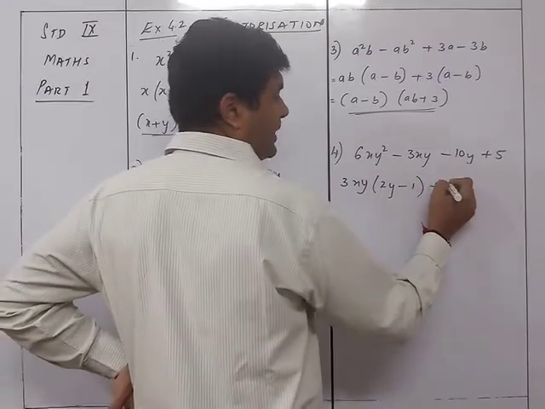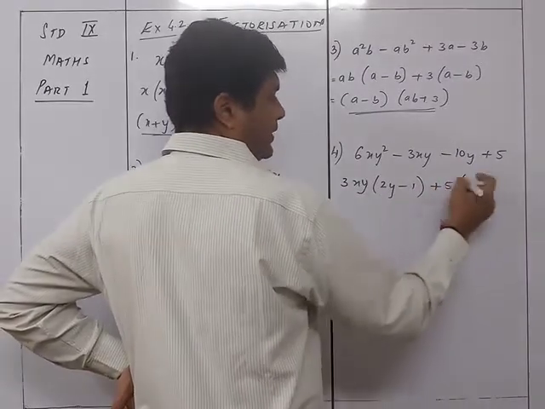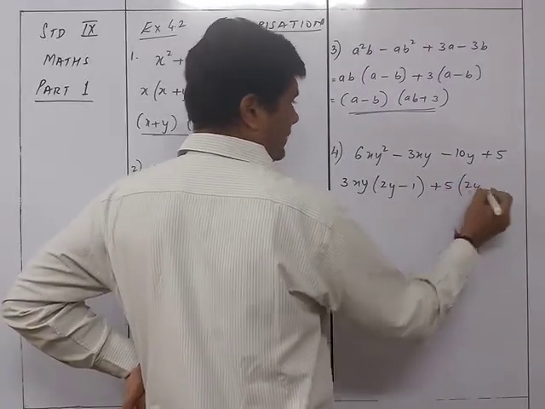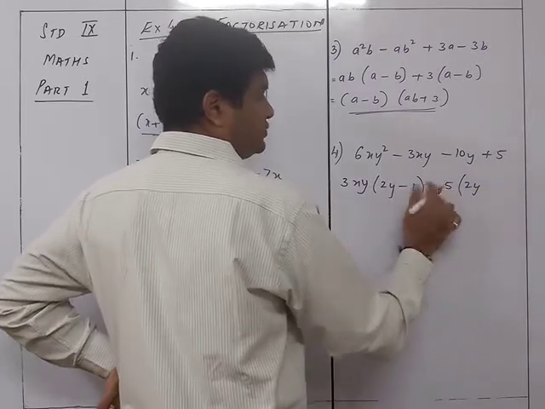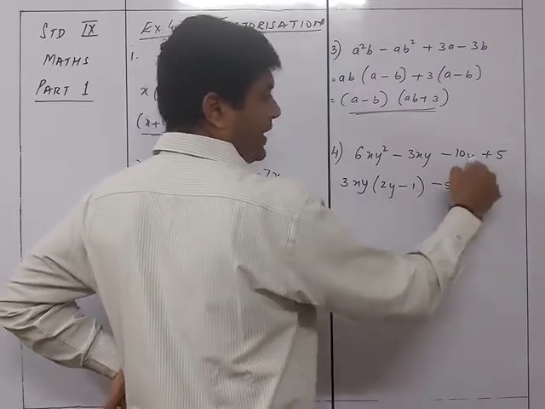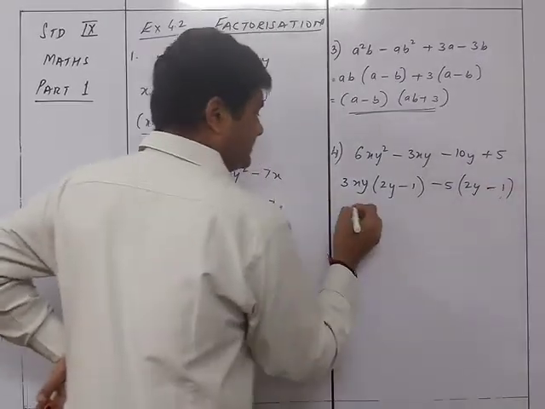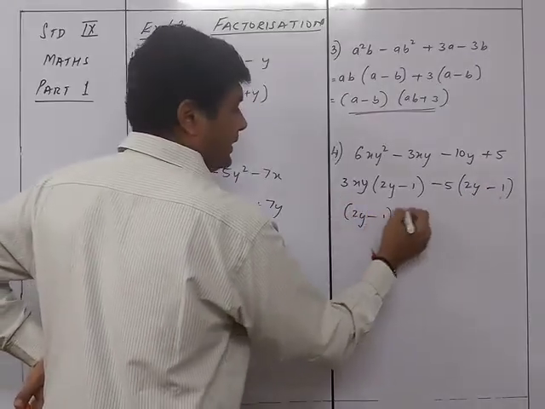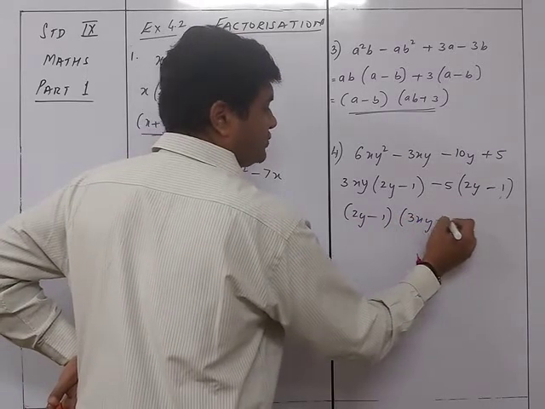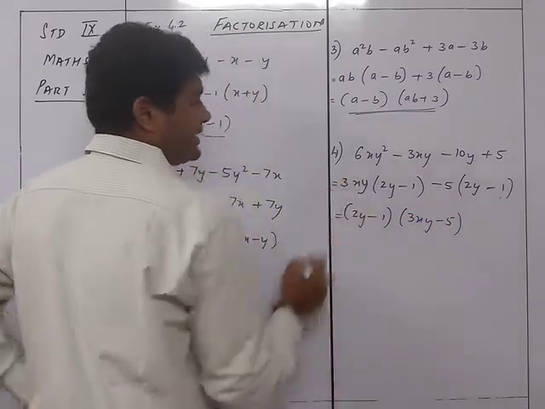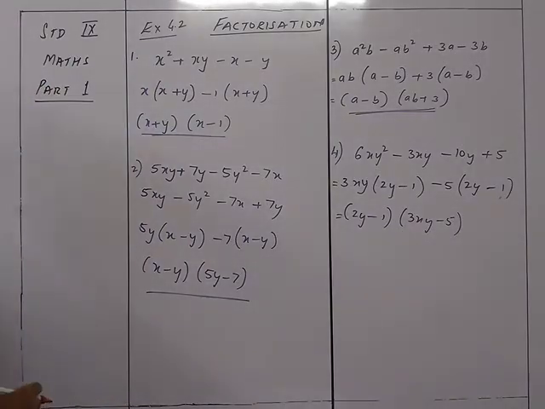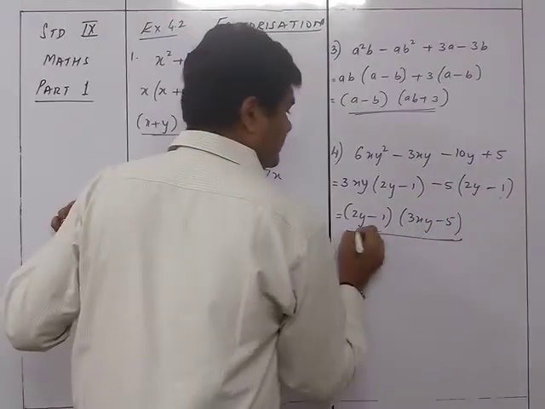Similarly, I'll take minus 5 common. So it will be giving me 2y minus 1. So this gives me 2y minus 1 and 3xy minus 5. So that's the resultant answer. It's question number 4.